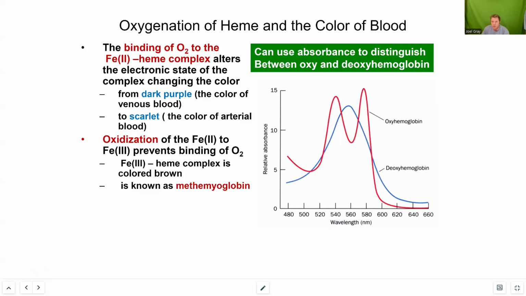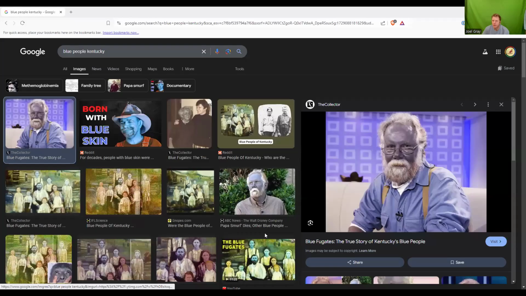Now, if you do a Google search for blue people of Kentucky, chances are you're going to find this guy who's nicknamed Papa Smurf, and his skin has a very blue tone to it. And I believe that he is afflicted with this disorder. I'm going to save us all the anticipation and the excitement.